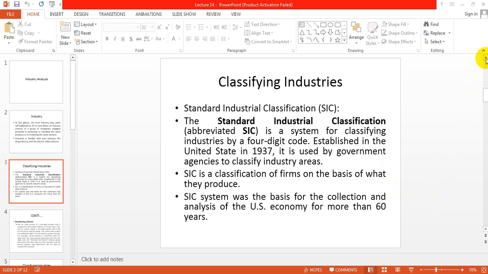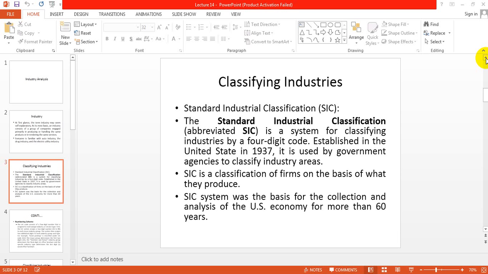So today we discussed price to book value. What is the meaning of price to book value? Then we discussed PSR, price to sales ratio. Then after that, we discussed economic value added, what is economic value added.